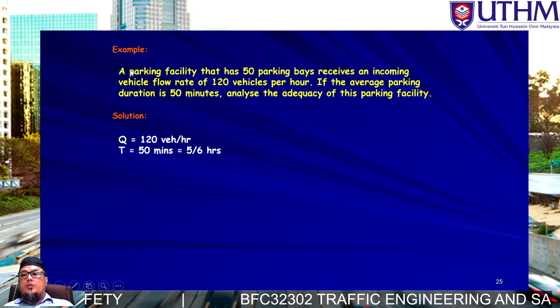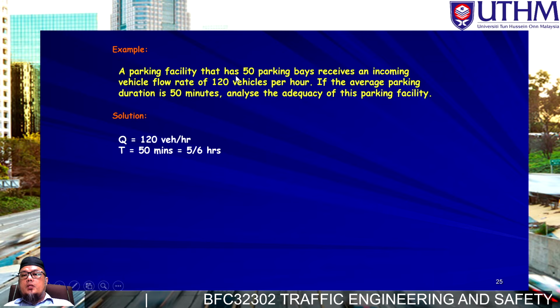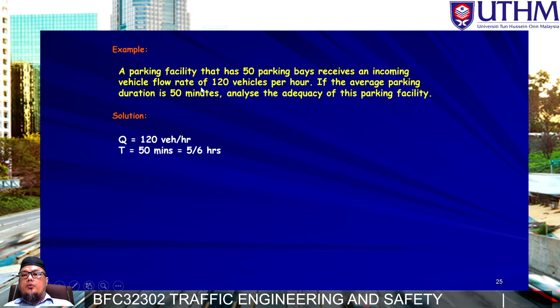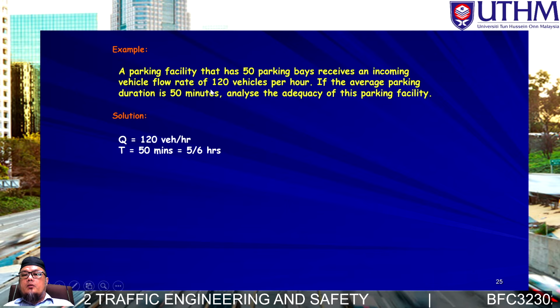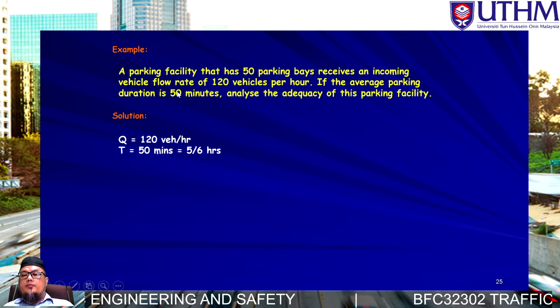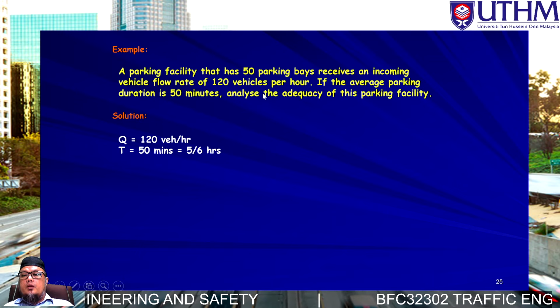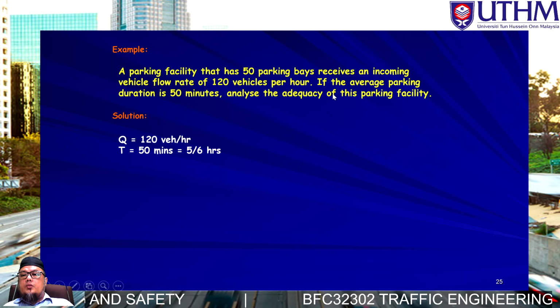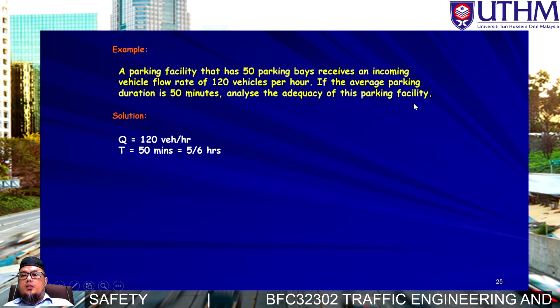Okay, we move to this example. A parking facility that has 50 parking bays or parking lots receives an incoming vehicle flow rate of 120 vehicles per hour. So this one is the flow rate. If the average parking duration is 50 minutes for every vehicle, as average, analyze the adequacy of these parking facilities.